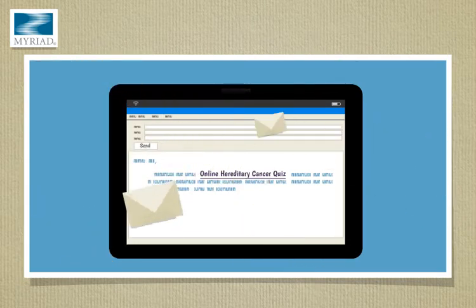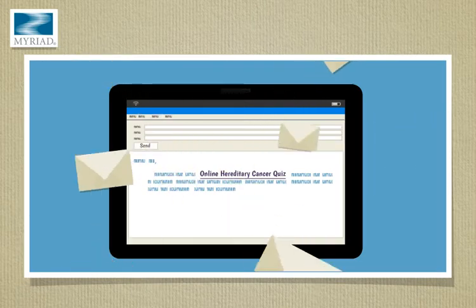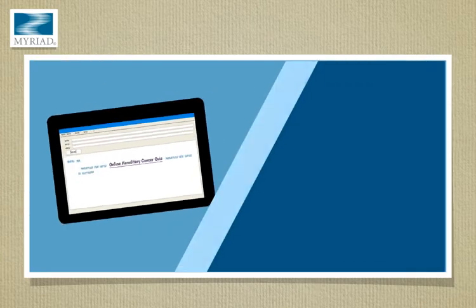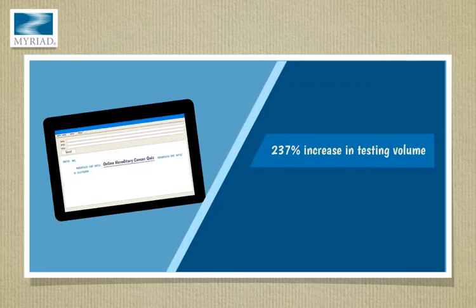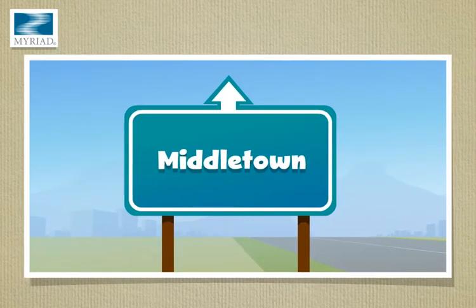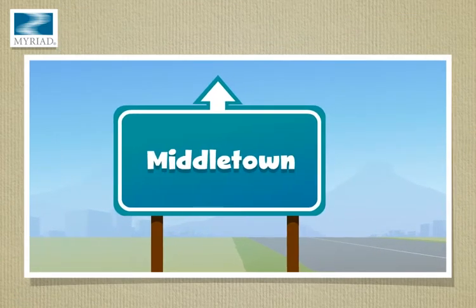They had great success and now email the quiz out to their patients every quarter. Following the implementation of the quiz, this doctor had a 237% increase in testing volume in 2014. That totals more than $639,000 in incremental revenue.